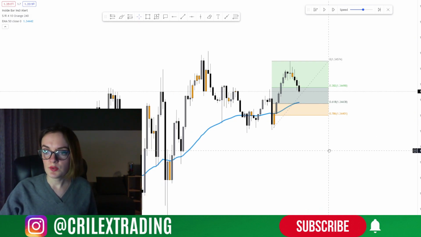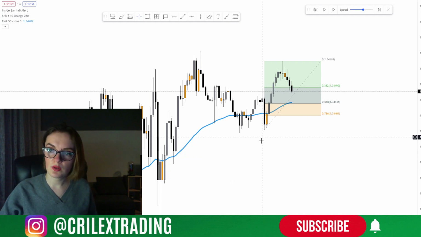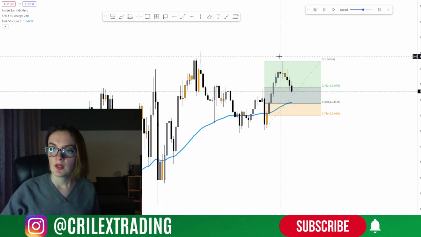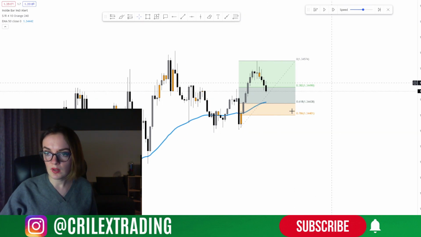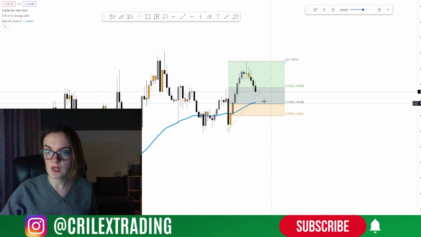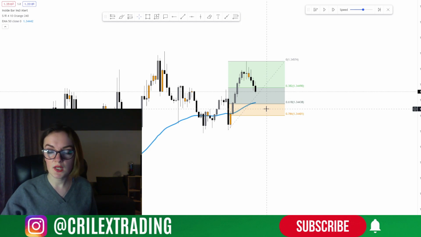So as we can see here, we have a really nice instance where the price was going nicely to the upside. And after some period, we can see here that there is a retracement. And actually, I would really like to see the price retouching this level of 0.618, where we have a really nice confluence with the 50 EMA.